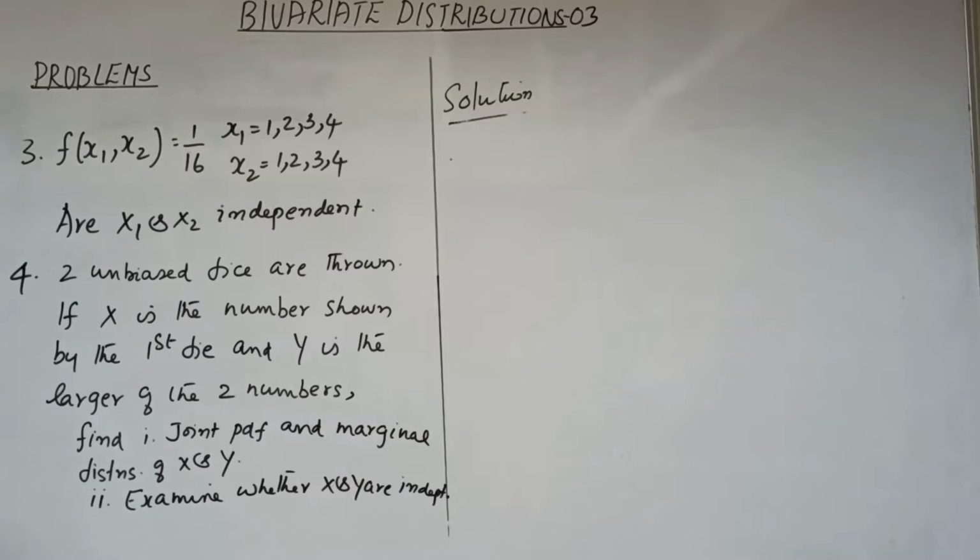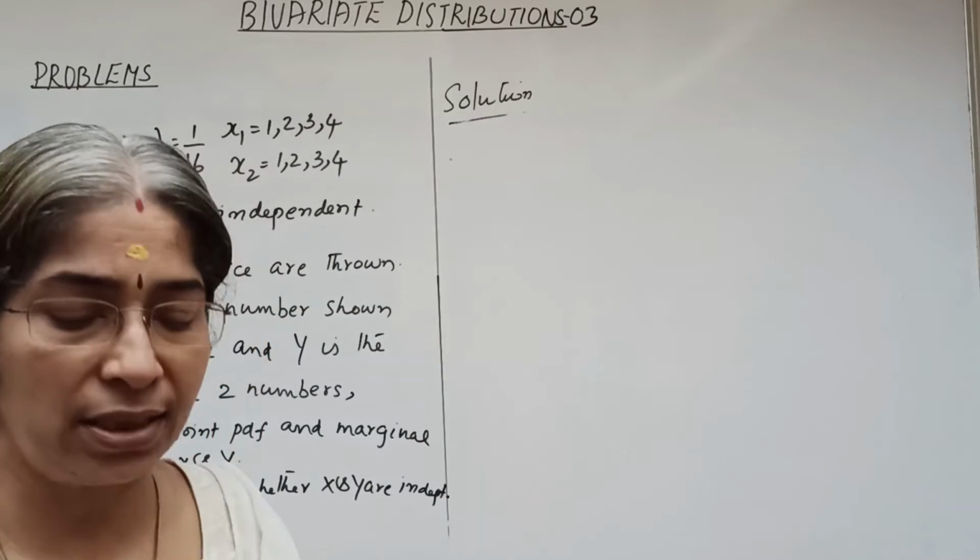When two unbiased dice are thrown, we consider the sample space.